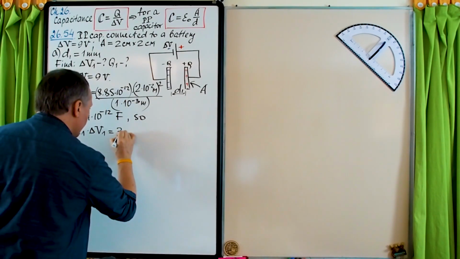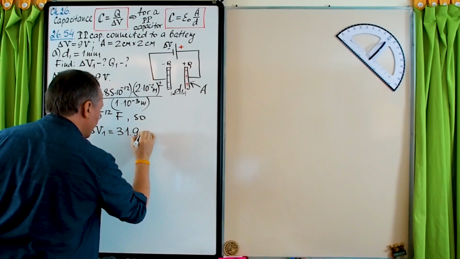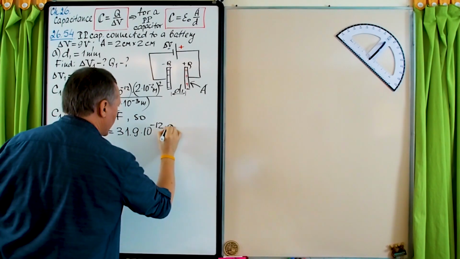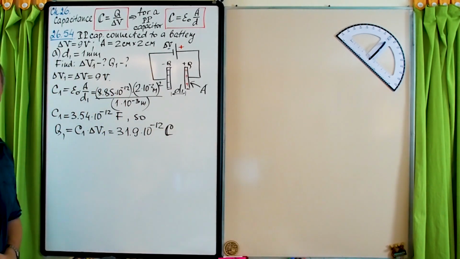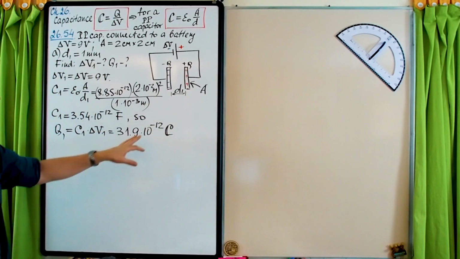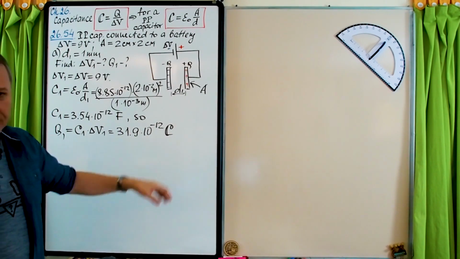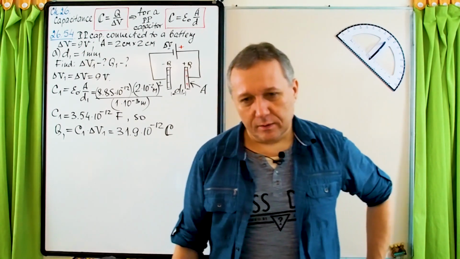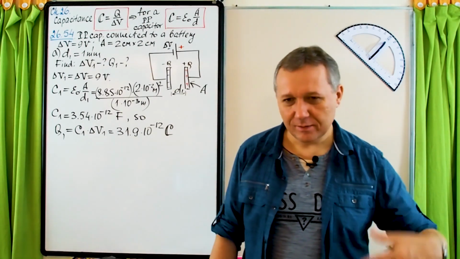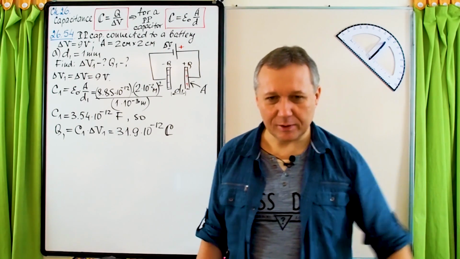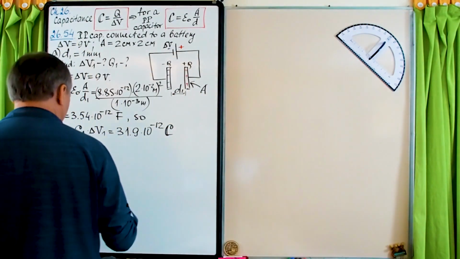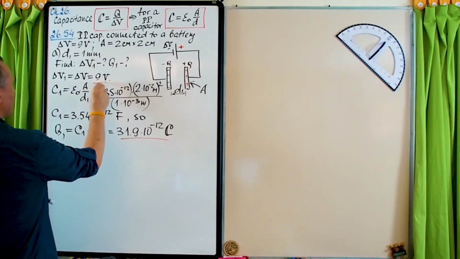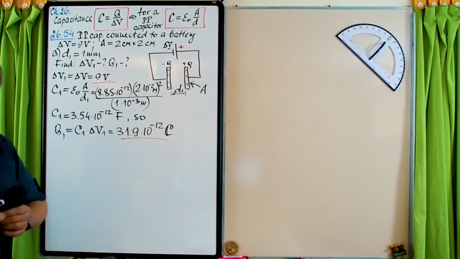It will be 31.9 times 10 to the power of minus 12 coulombs. So again, picocoulombs. Sooner or later you will remember all these prefixes: micro, nano, pico, femto. Okay, so that's what we wanted, and that's what we needed.